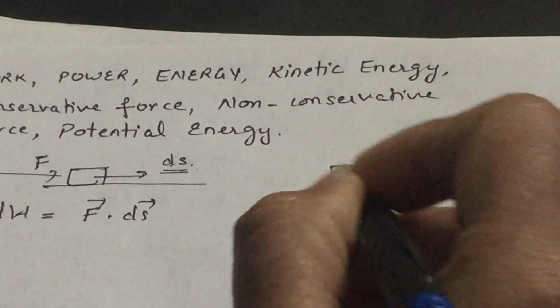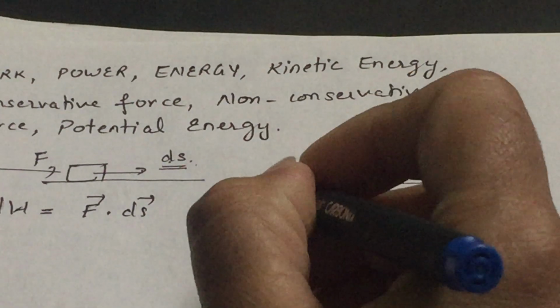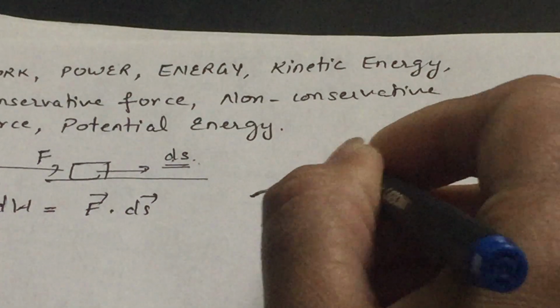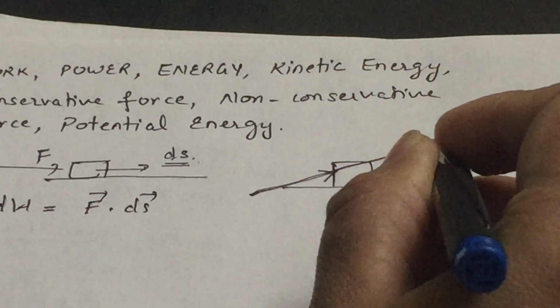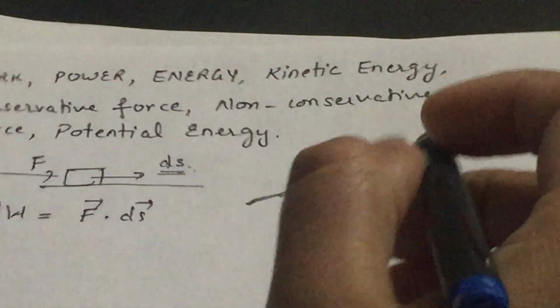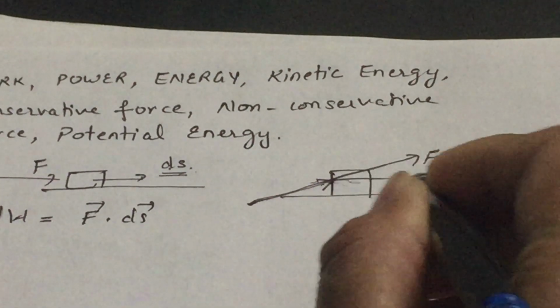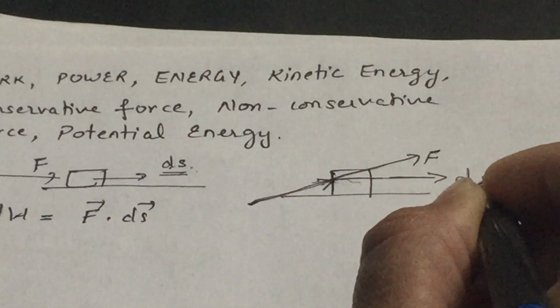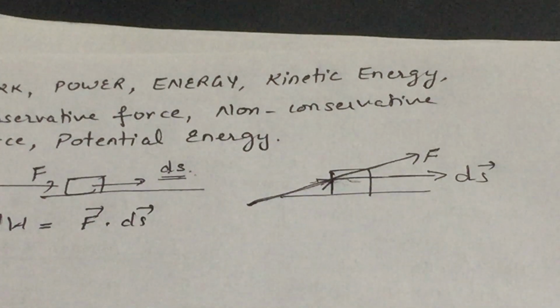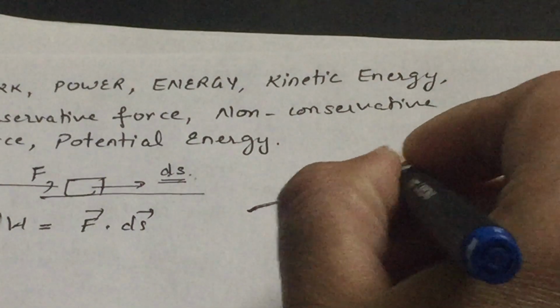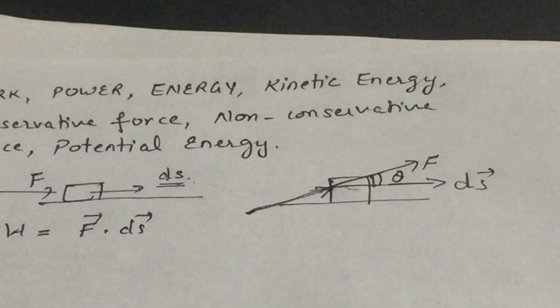Let us consider we have applied the force in this direction. This is the direction of the force applied, and the body is moving or showing displacement in this direction. This is the displacement direction, and the angle between the force and the displacement direction is theta.